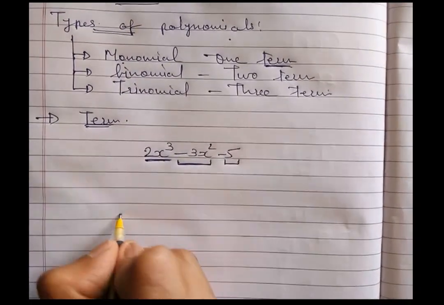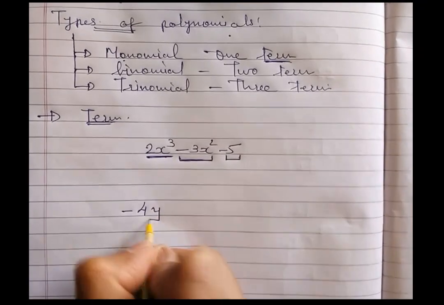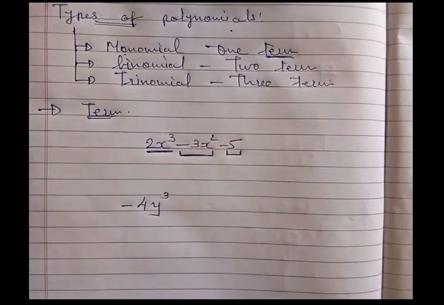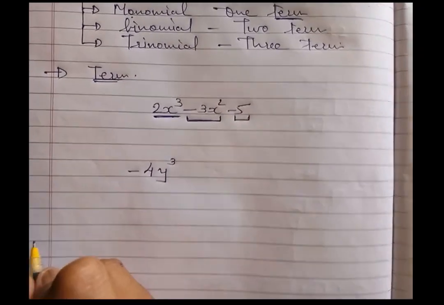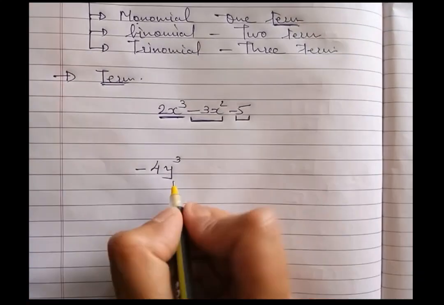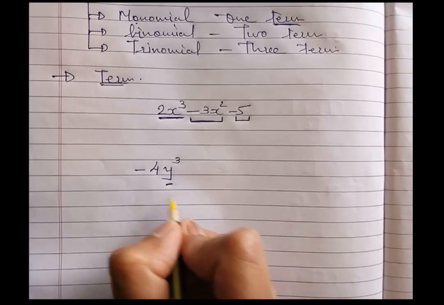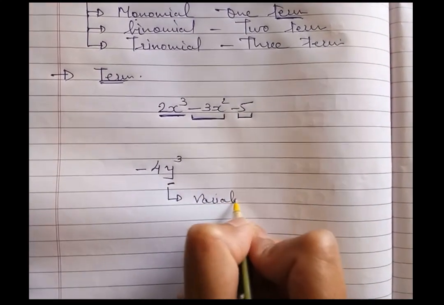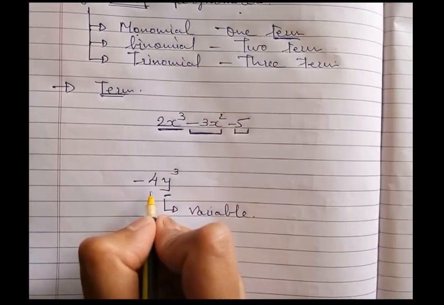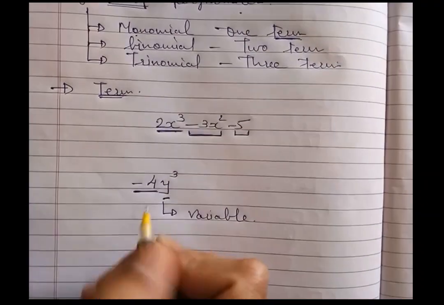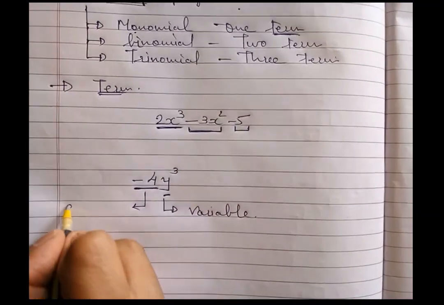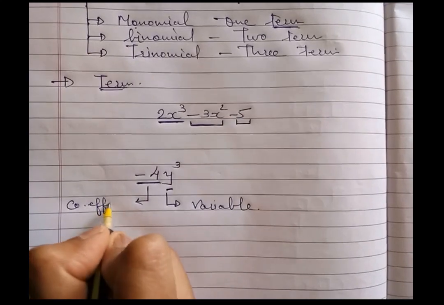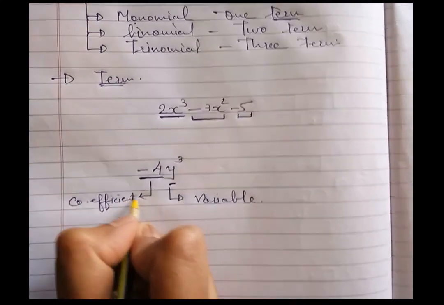If I say minus 4y raised to 3, the basic thing that you have already learned, right? Now what is y? y is known as the variable. This minus 4 is known as the coefficient.